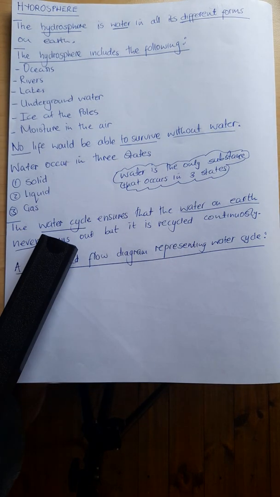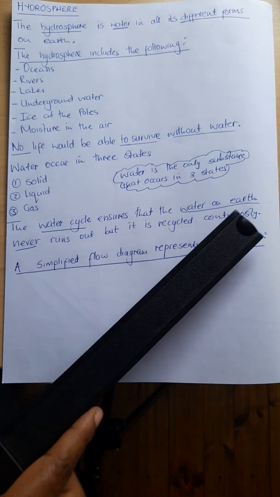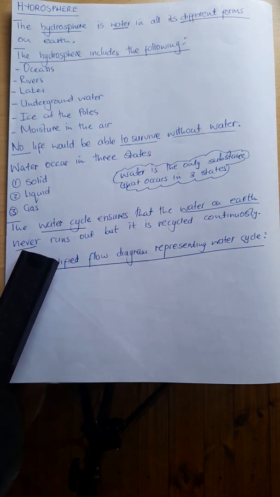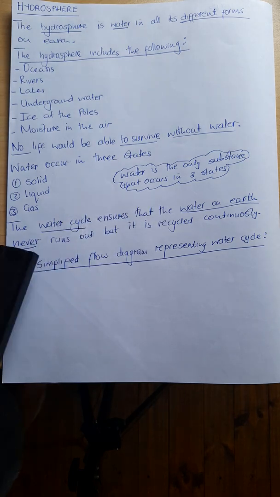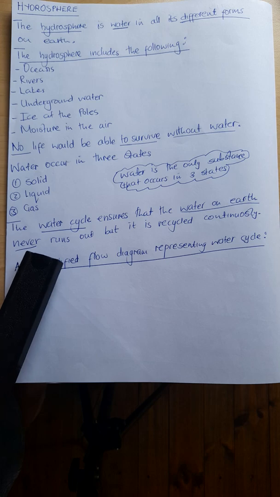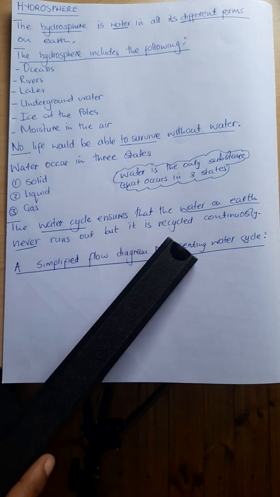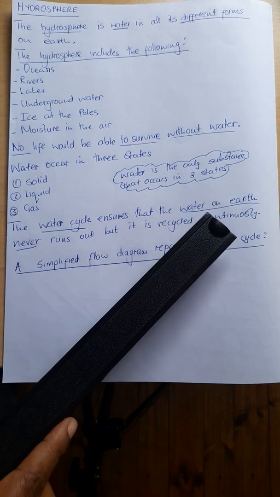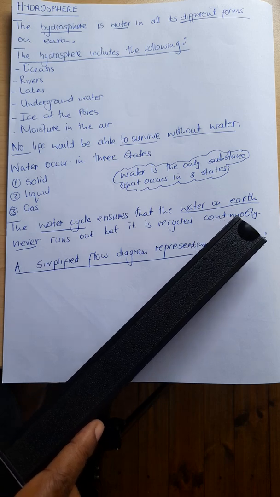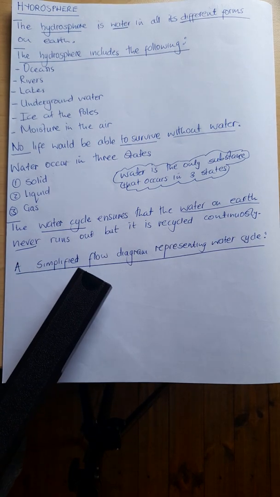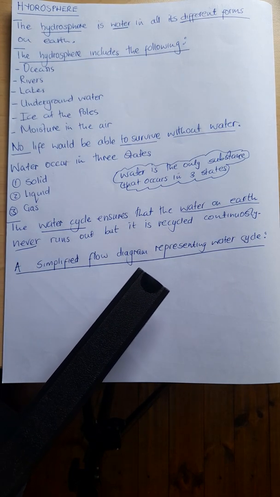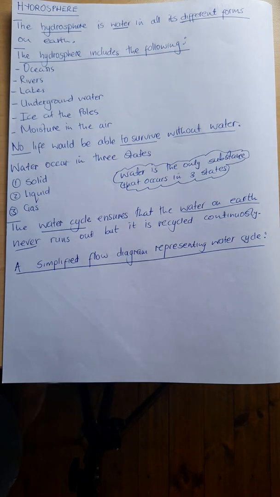The water cycle ensures that the water on Earth never runs out. So water never runs out, but it is recycled continuously. A simplified flow diagram representing the water cycle.